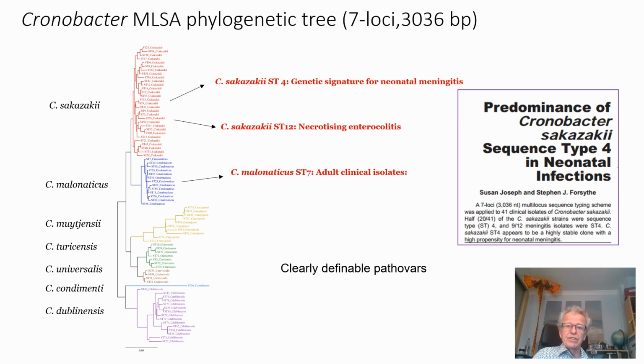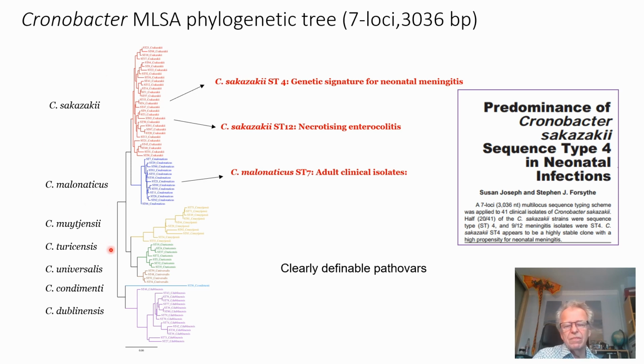When we do a phylogenetic tree using the 7 loci, then we have our 7 species along here. You can see the close relatedness of Sakazakii and malonaticus. These are the primary ones of clinical interest, these 2 species in particular.